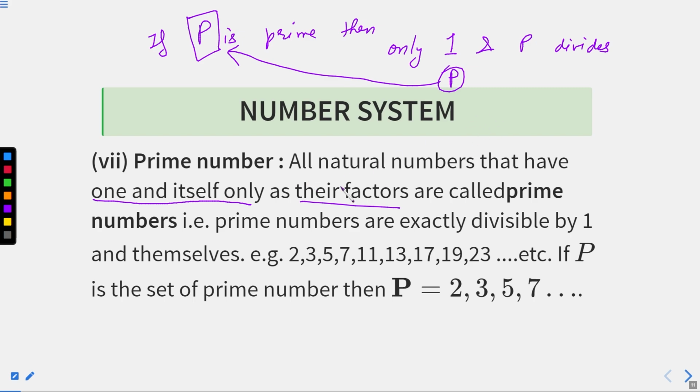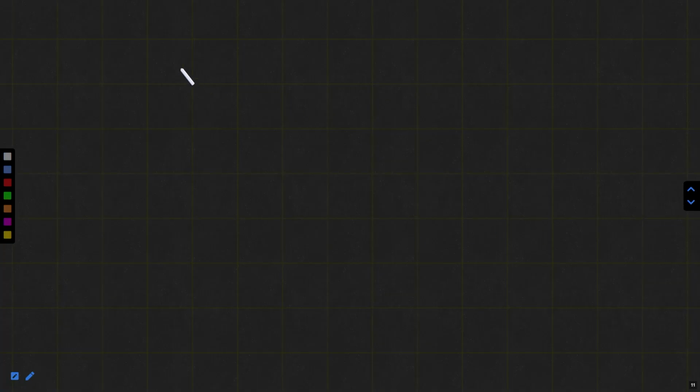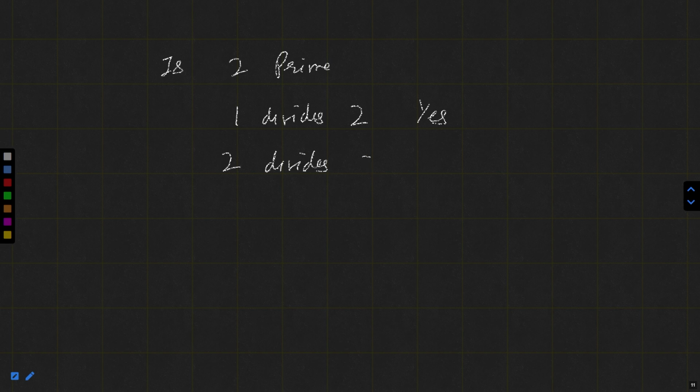For example, is 2 prime? Let's see, 1 divides 2, yes. 2 divides 2, yes. So 2 is prime. Now what about 4?